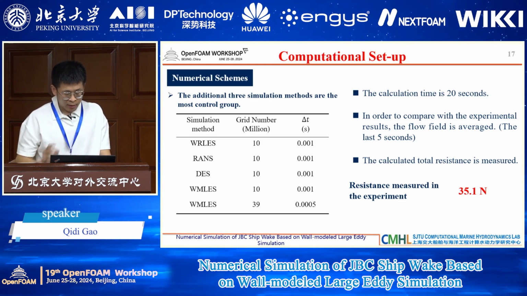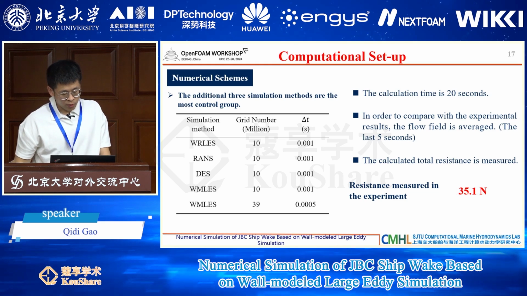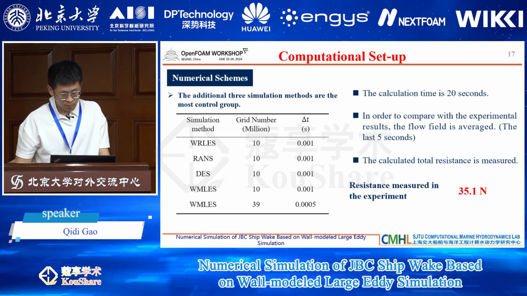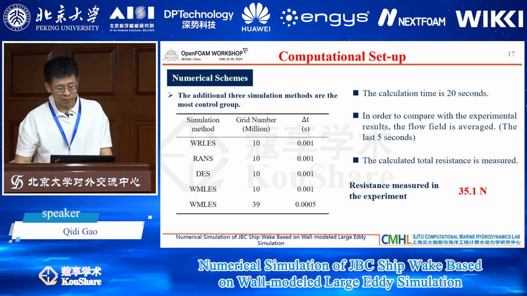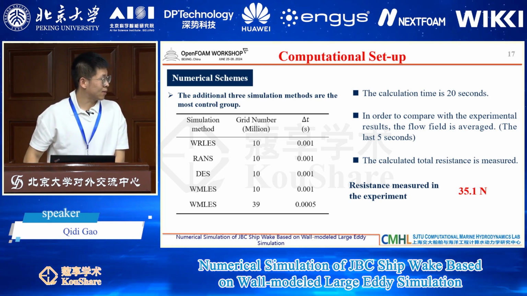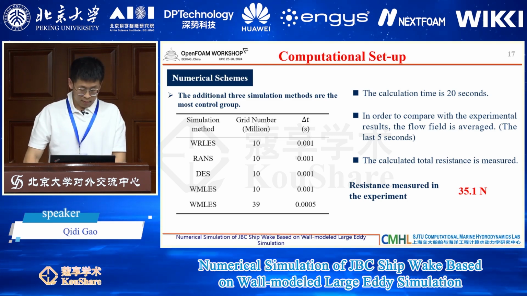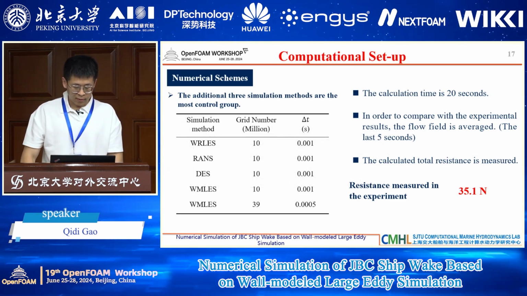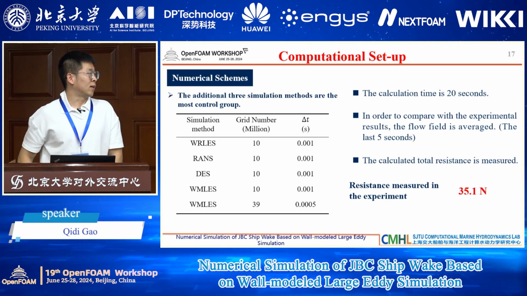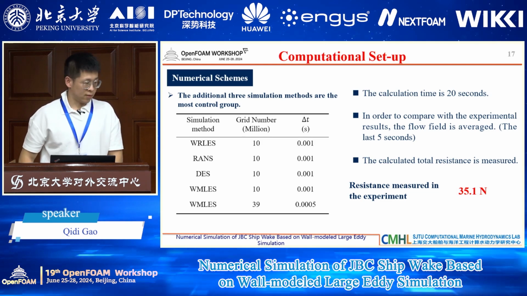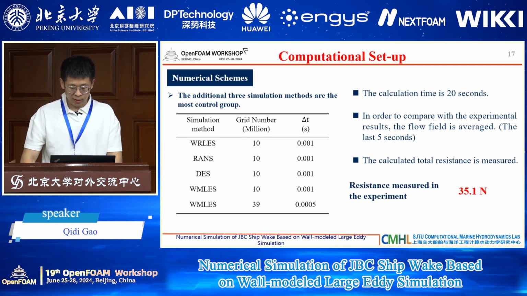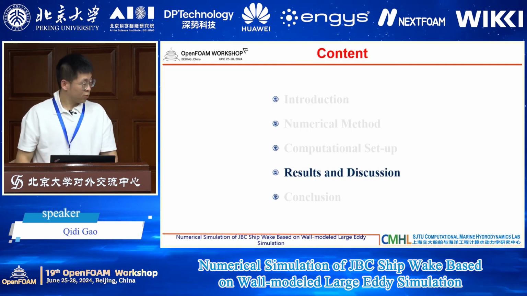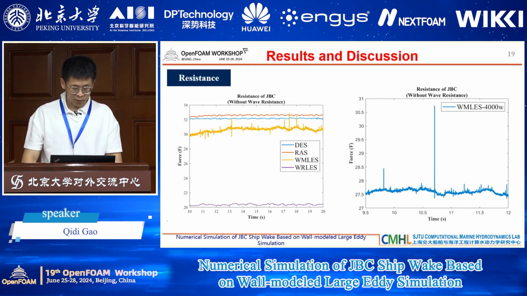First we calculated 20 seconds, and in order to compare with the experimental results, the flow field is averaged over the last 5 seconds. The resistance is measured, and in the model experiment, the total resistance is 75.1 Newton. And then I'll introduce the results of our simulation.